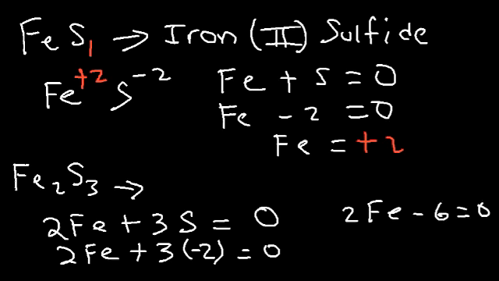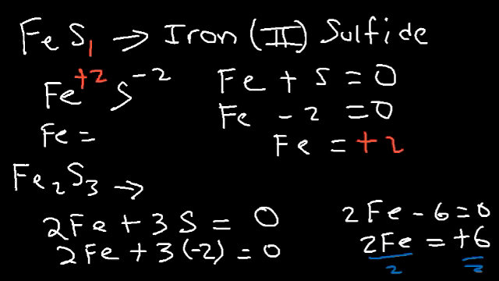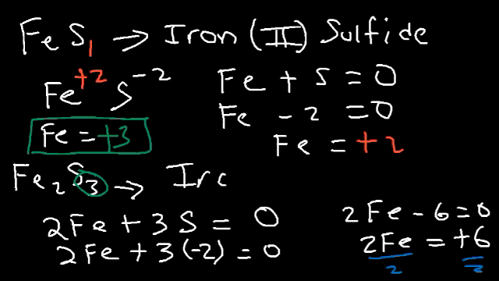And if we add 6 to both sides, it's going to be 2Fe, which equals +6. So to solve for Fe, we've got to divide by 2. 6 divided by 2 is 3, so in this particular case, Fe does have a +3 oxidation state. So it's going to be iron 3 sulfide.